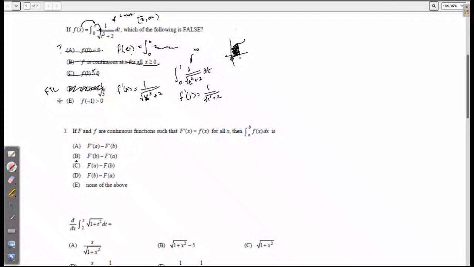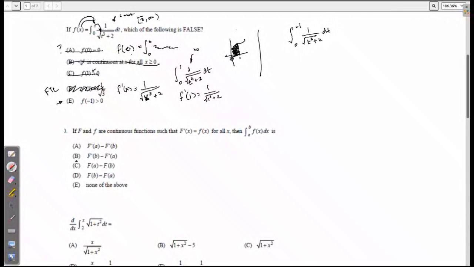And that leaves this, but I want to explain why it's the false answer that we're looking for. Keep in mind that this is what happens when I substitute a negative 1 for this limit. So I'm actually trying to evaluate the integral from 0 to negative 1 of my function, 1 over the square root of t cubed plus 2 dt.